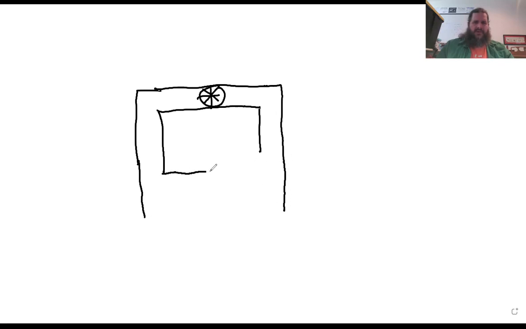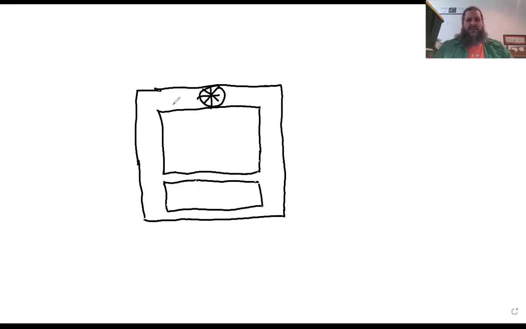Let's say we've got this narrow section of pipe and this other narrow section of pipe. And let's say that the wide pipe is so easy to flow through, it has no resistance. But the narrow pipe sections do have resistance.